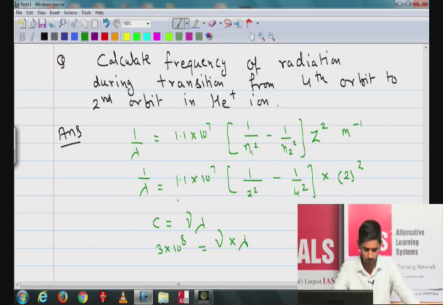Let's see who has got the first answer. Shillong, have you done this? Senapati? Guys, what are you doing? You're taking too much time to solve this question.